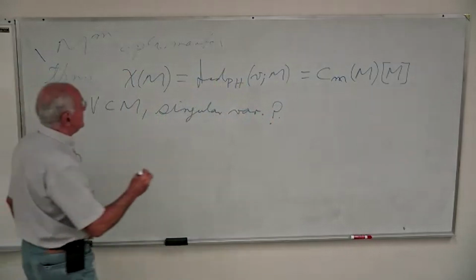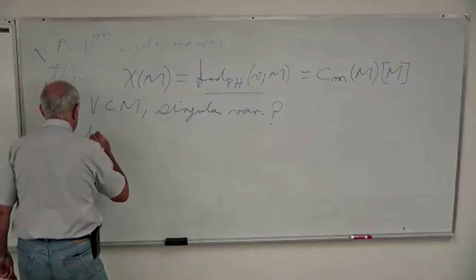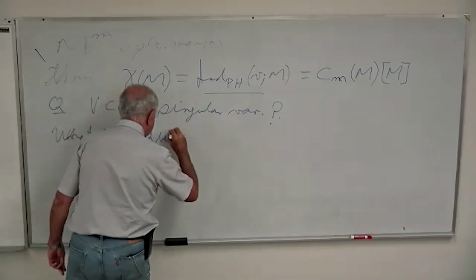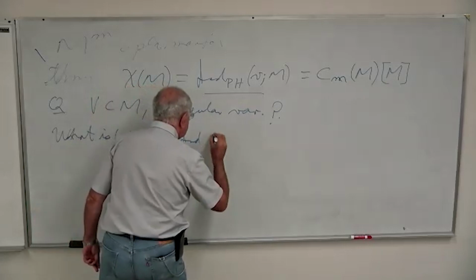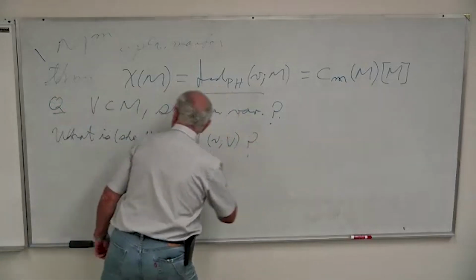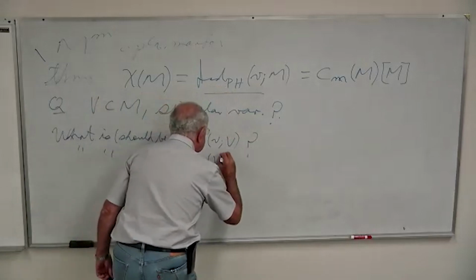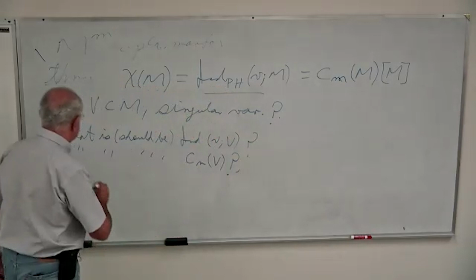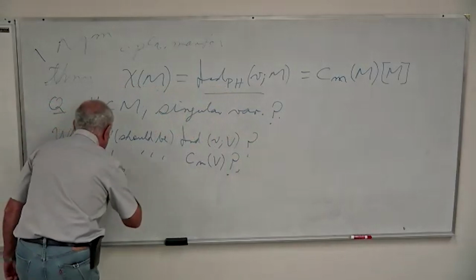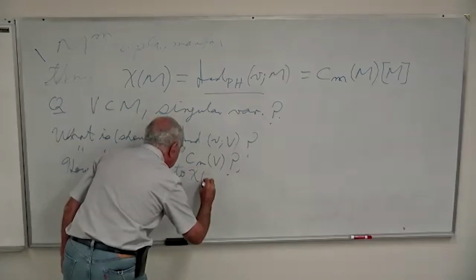And then the first question is, what is or should be the index of a vector field on a singular variety, and what is or should be the Chern class of the singular variety, and how these relate to the Euler characteristic.